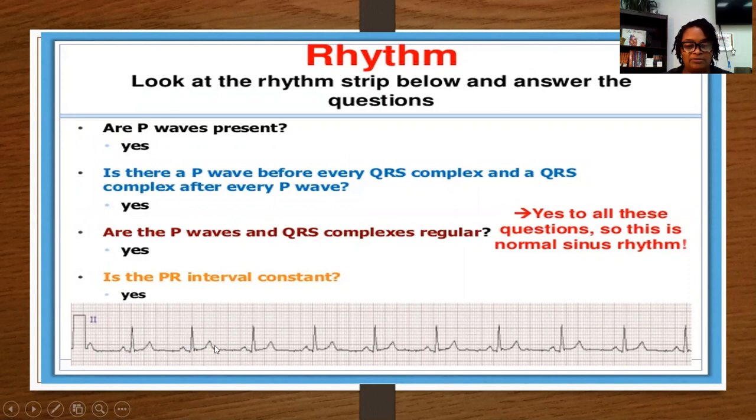And we see here. Okay. Are the P waves and the QRS complex regular? And so we're looking here. And they are coming regular.